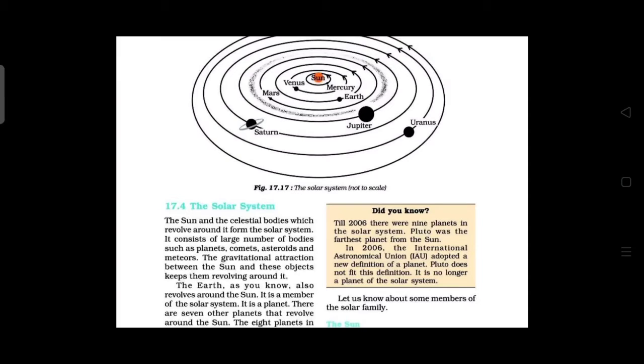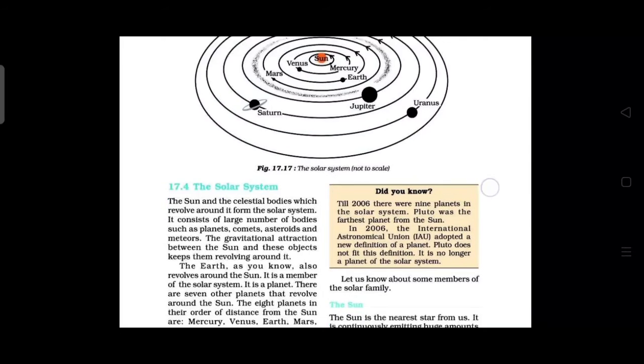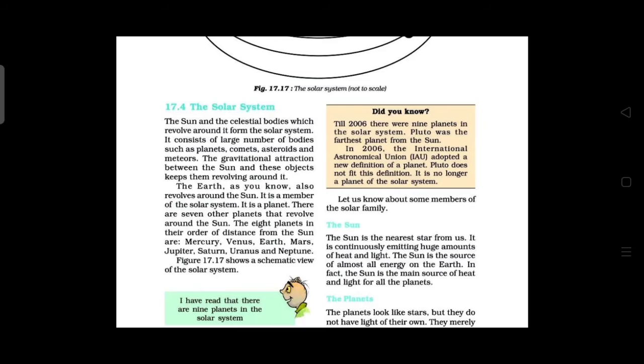Mercury, Venus, Earth, Mars, Jupiter, Saturn, Uranus and Neptune. What are the planets? Mercury, Venus, Earth, Mars, Jupiter, Saturn, Uranus and Neptune.